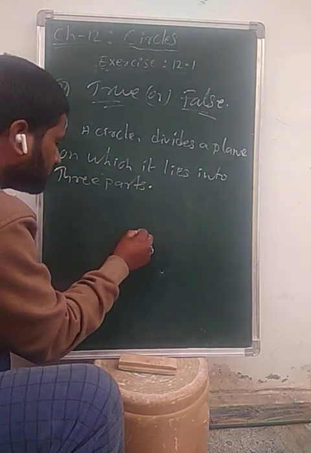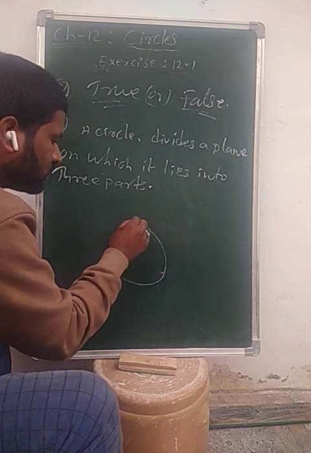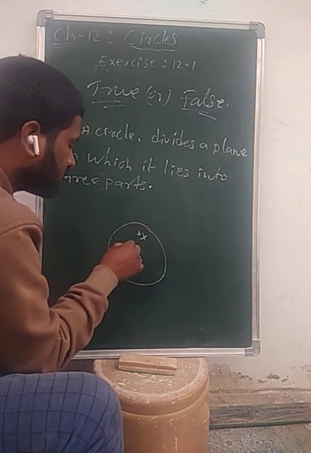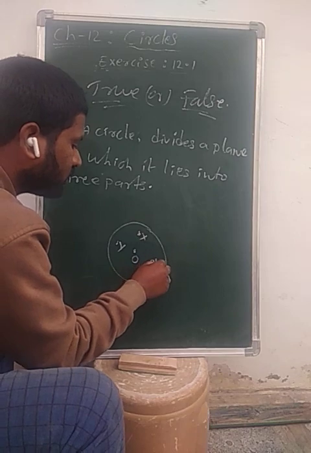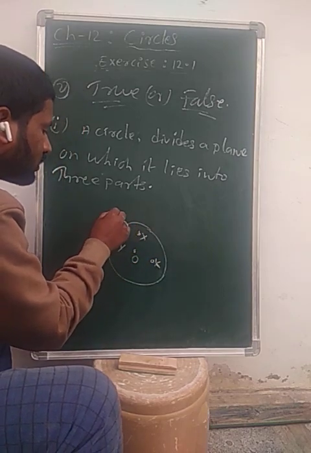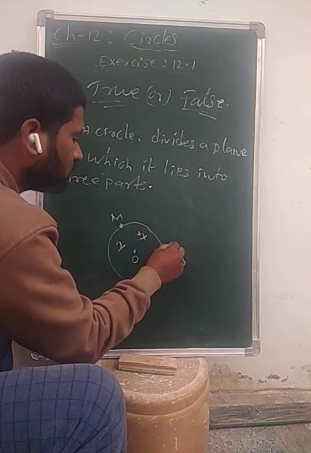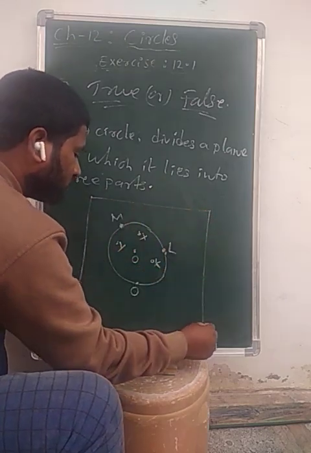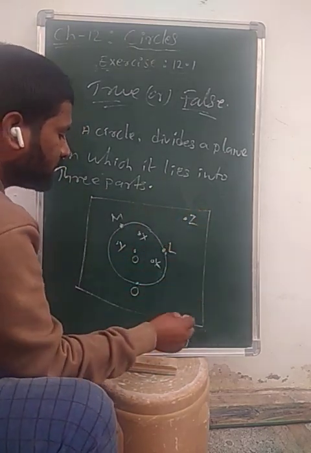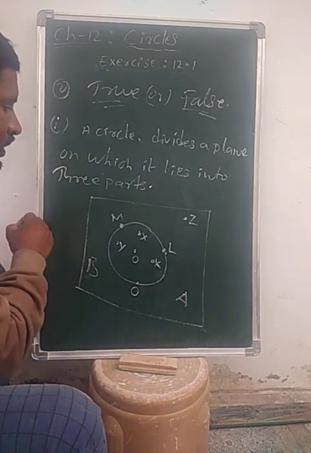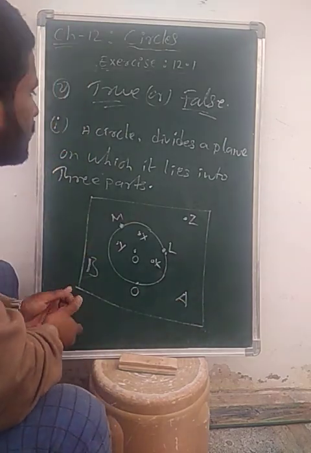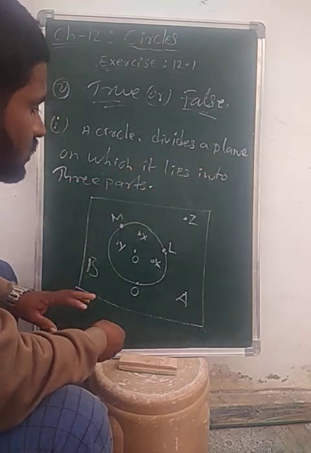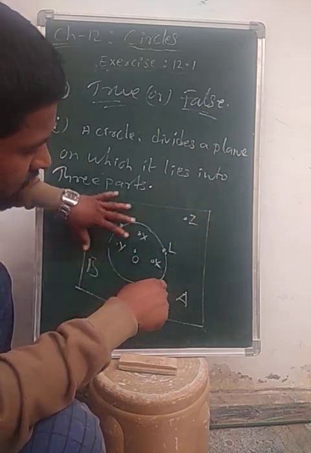You see the figure here. It is a circle with the center O. I am writing here X, Y, K, M, L, O, Z, A, B. Observe the figure carefully. First of all, it is a plane.